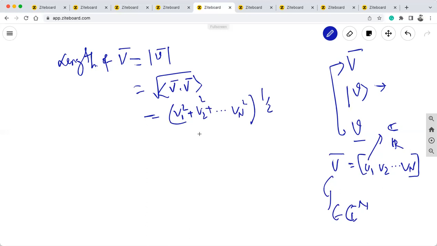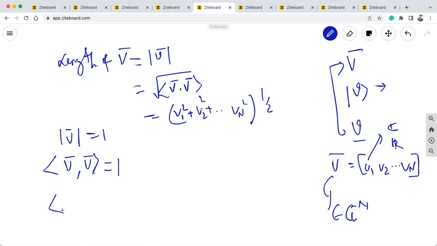So if the vector v has length, if mod of v equals 1, that means the inner product of v with v equals 1.